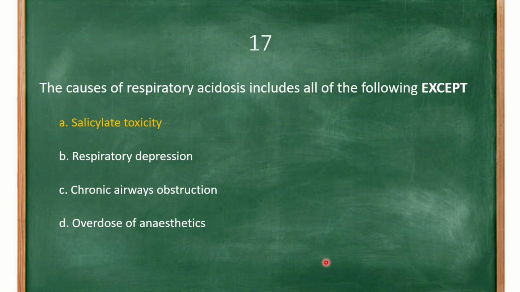Then overdose of anesthetics, certain anesthetics can actually cause the respiratory system to not function as it should, so it could cause a depression of the respiratory centers, and when that happens, it could build up CO2, and then it will lead to respiratory acidosis. Okay, so the correct answer for this one is A.